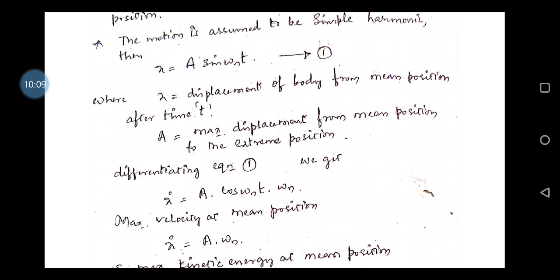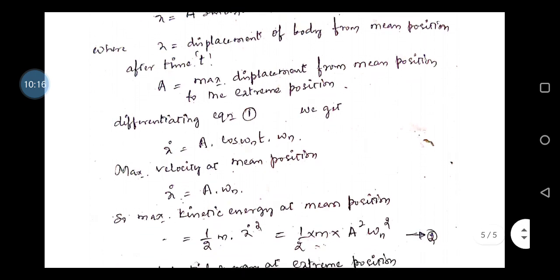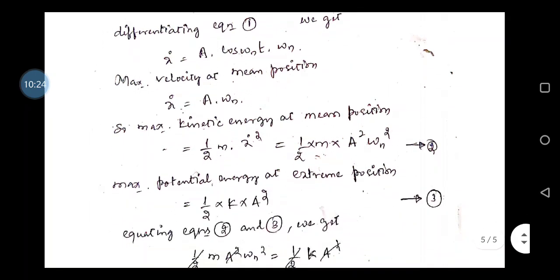Now differentiating equation 1, we get x dot is equal to A into cos omega n t into omega n. The maximum velocity at mean position is x dot is equal to A into omega n, because for the maximum value of cos it will be 1.